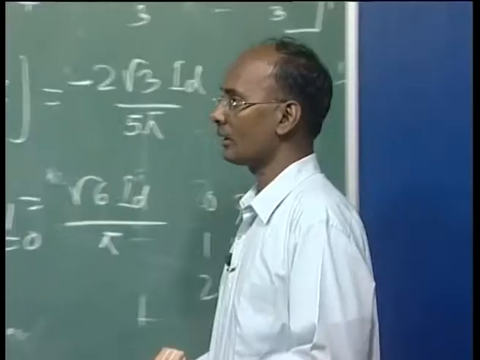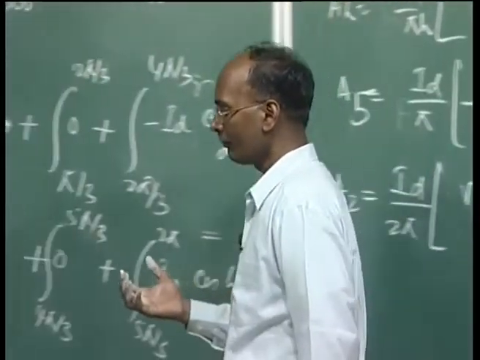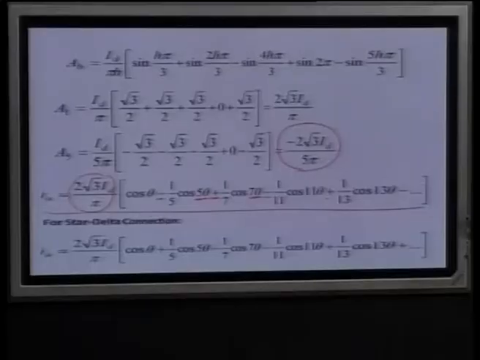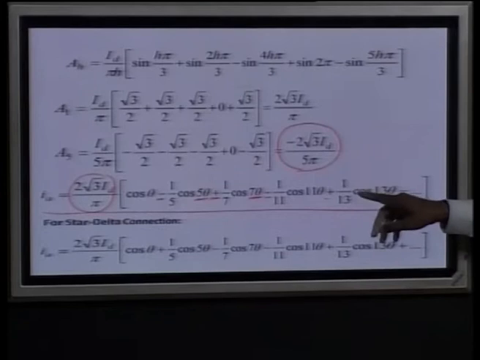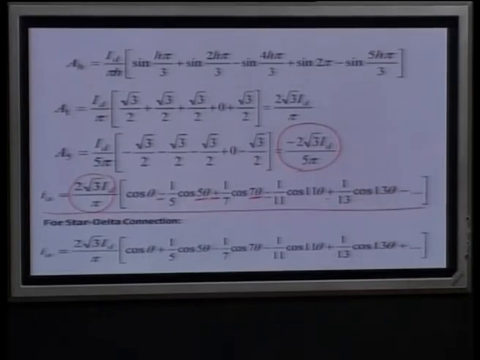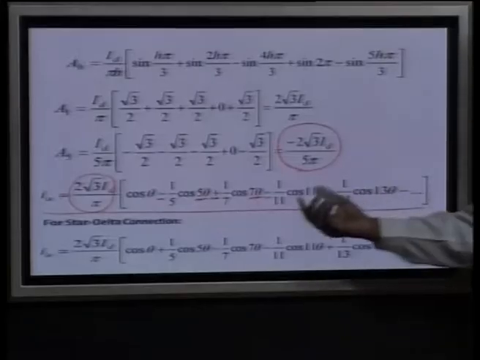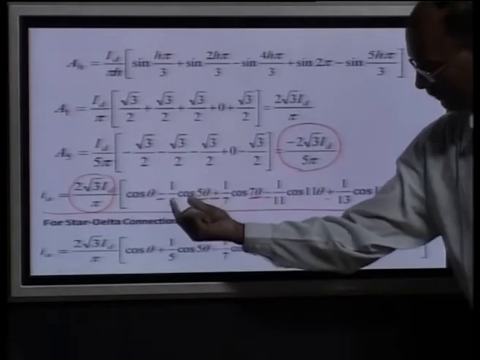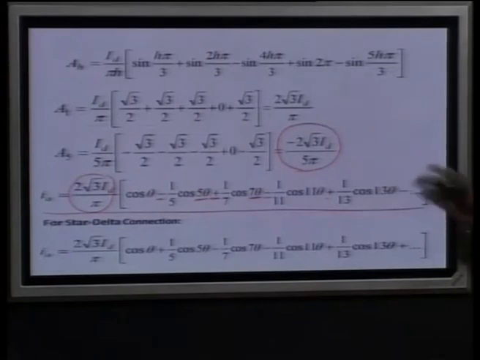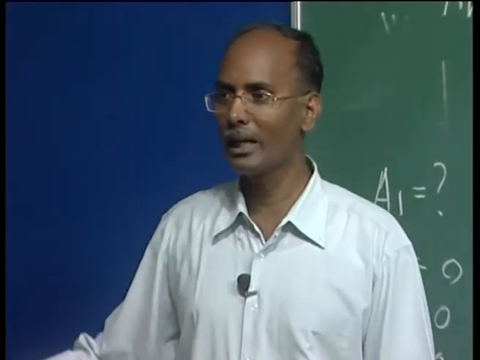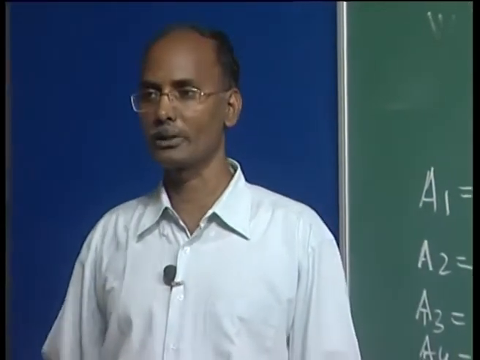So, the major observation here is that the higher order components are divided by that harmonic order. So this magnitude keeps on dividing and is going to reduce. The magnitudes significant for our consideration are the 5th, 7th, 11th and 13th. After that, the 17th and 19th harmonics will come, then the 23rd and 25th, and so on and so forth.